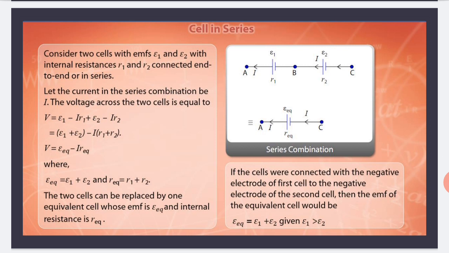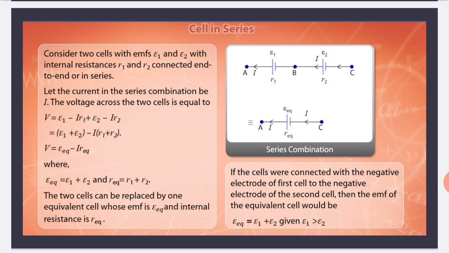Here the derivation is: consider two cells with EMFs E1 and E2 and internal resistances R1 and R2 connected end to end, or in series. Let the current in the series combination be I. The voltage across the two cells is V = E1 - IR1 + E2 - IR2.